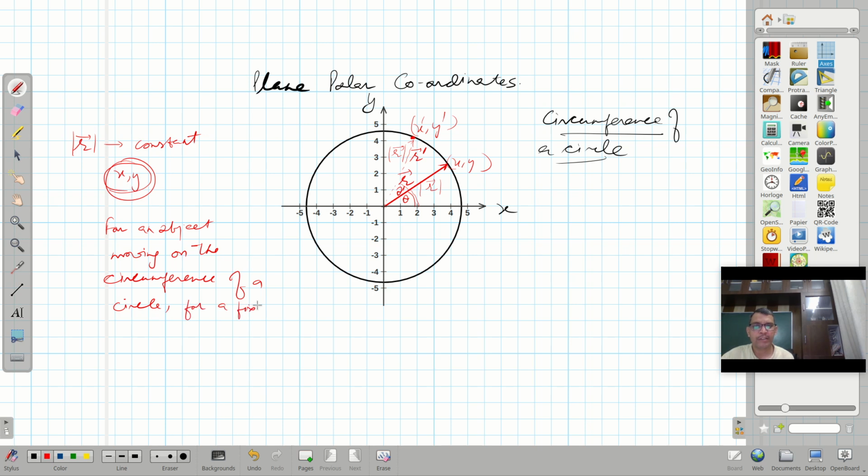For a fixed r, its radial distance, only theta is changing. Another thing which we have to keep in mind, its direction is also changing.